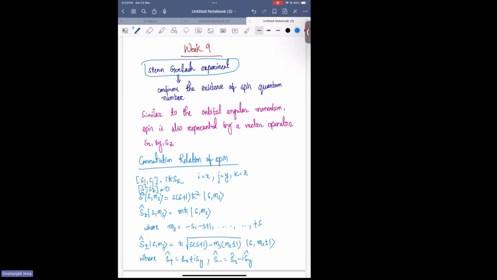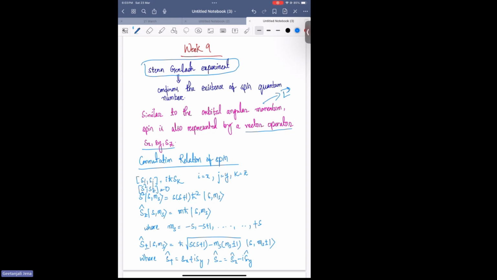Similar to other angular momentum like orbital angular momentum, the spin can also be represented by a vector with components Sx, Sy, or Sz. So it can have three components like the orbital angular momentum, which we have seen as L, right?